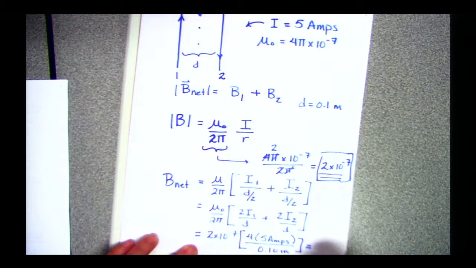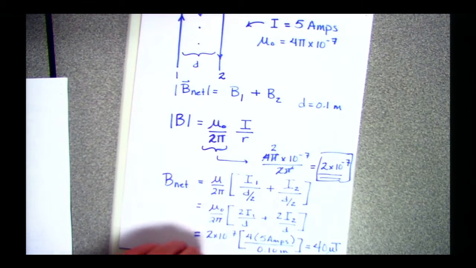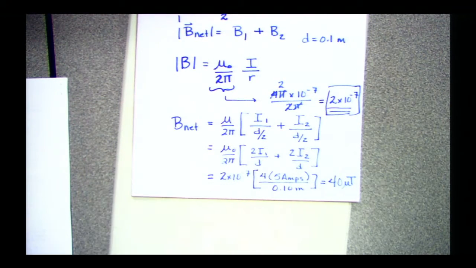And if I put it in the calculator, I end up with 40 microtesla. So you can actually do the nice additive portion of it, and you can play with this all the way around.